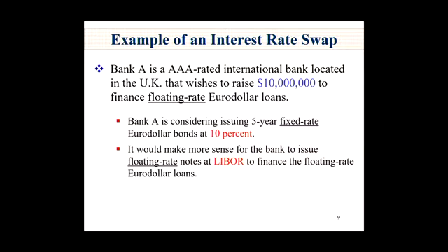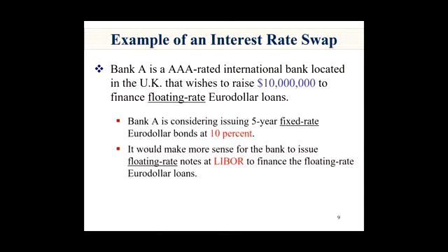What is their loan in terms of? Is their loan floating or fixed rate? So they want to raise $10 million, okay, to finance what? Floating rate loans. Okay, so they want to raise $10 million to finance floating rate loans.